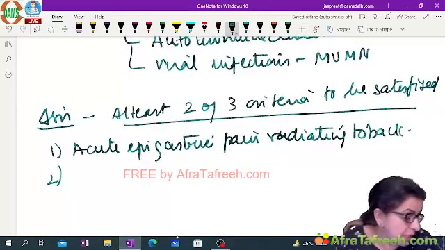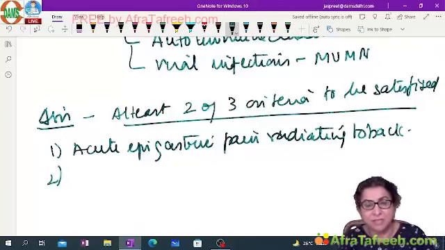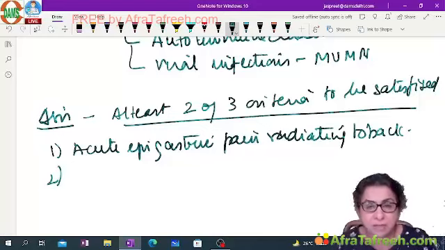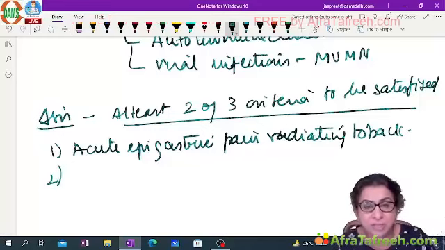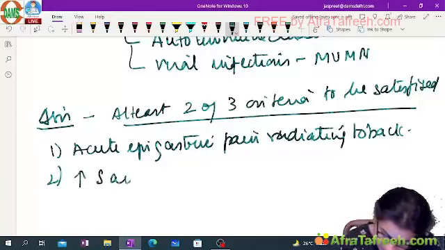Two, increased pancreatic enzymes. Once pancreatic acinar cells are damaged, the enzymes cause autodigestion of the pancreas plus enzymes come out in the blood. The two important enzymes that you can measure are amylase and lipase, and lipase is considered more specific.